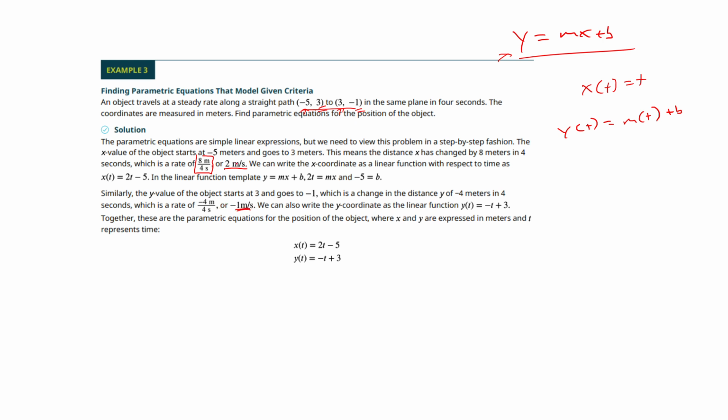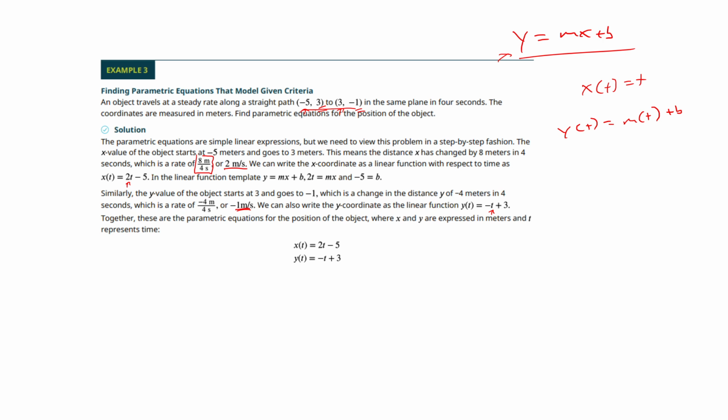Okay, so they've got now two slopes with respect to time. Do you see these are now slopes with respect to time? So x sub t has 2 as a slope, y sub t has -1 as a slope, and they took their starting position. Since it was related to time, the y's started at 3 to make that like a y-intercept, and the x's started at -5.